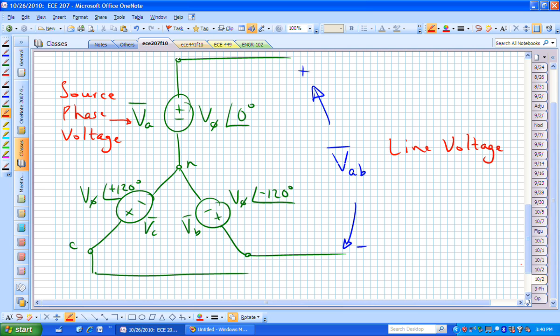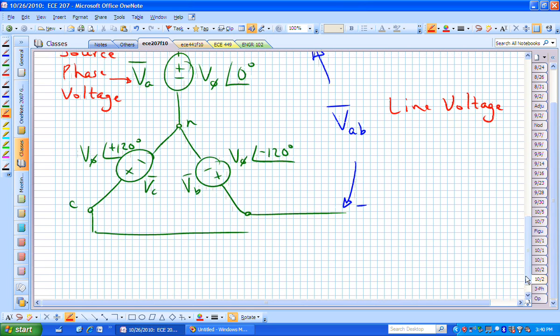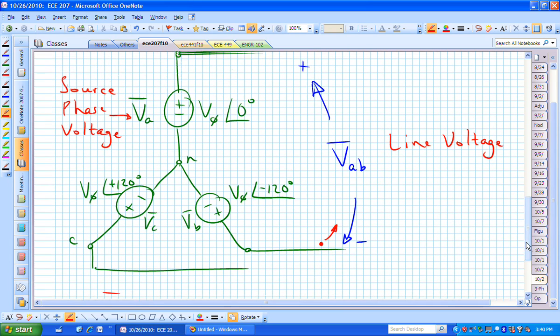Did everybody understand that? If we try to find VAB, I would maybe try to find that by just writing a KVL equation relative to that air gap between the two lines and then coming down through V sub A and V sub B. Meaning if I now want to define V sub AB as a phasor, I would say, well, let me start here and go that way around this loop.